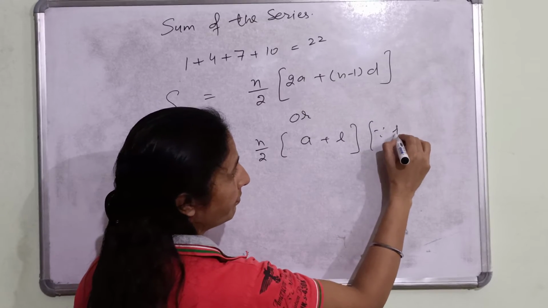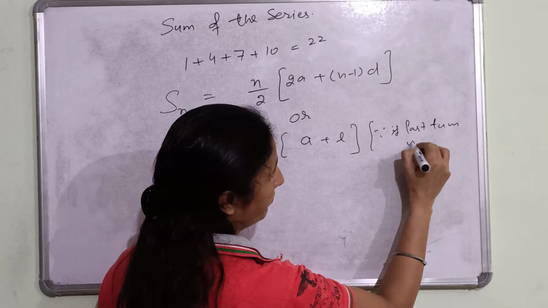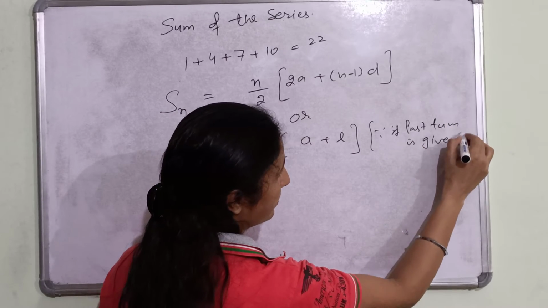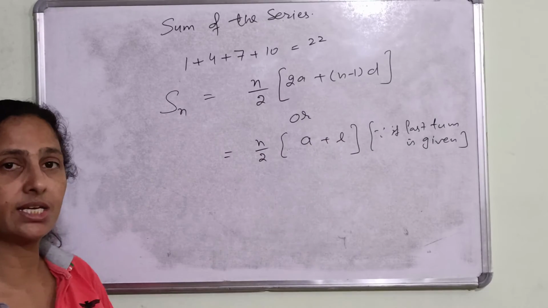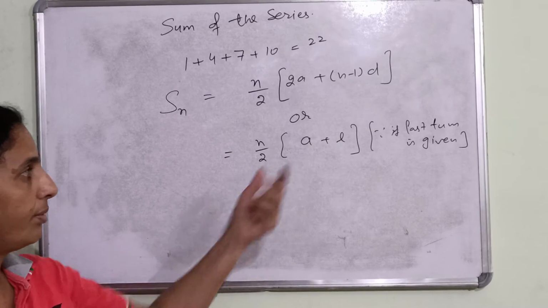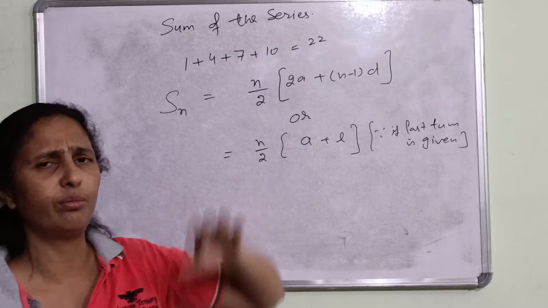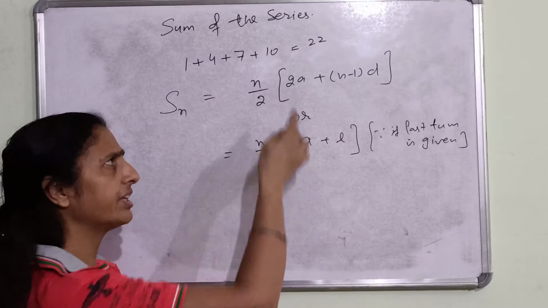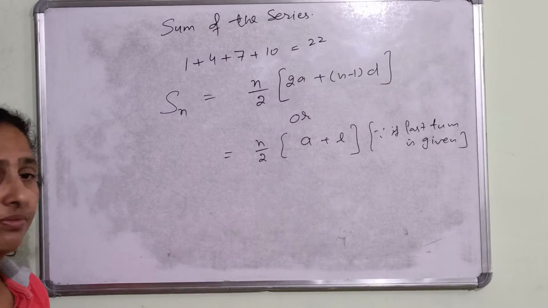If the last term is given, where l means the last term of the series, then we can use this formula. If the last term is not given, we generally use the first formula, and if the last term is given, then we can also use this formula. So in this way we can find the sum of the series.